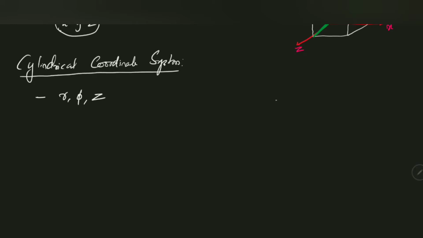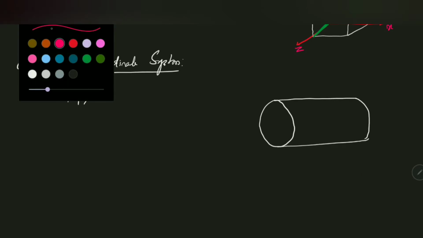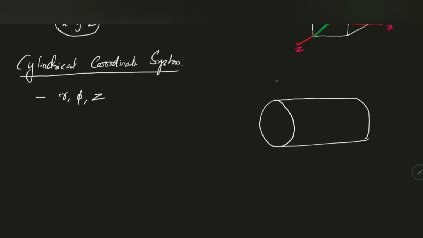So how does it look? A circular cylinder is the space mentioned here, and you have this axis. We take this as z, and this as the radius r.